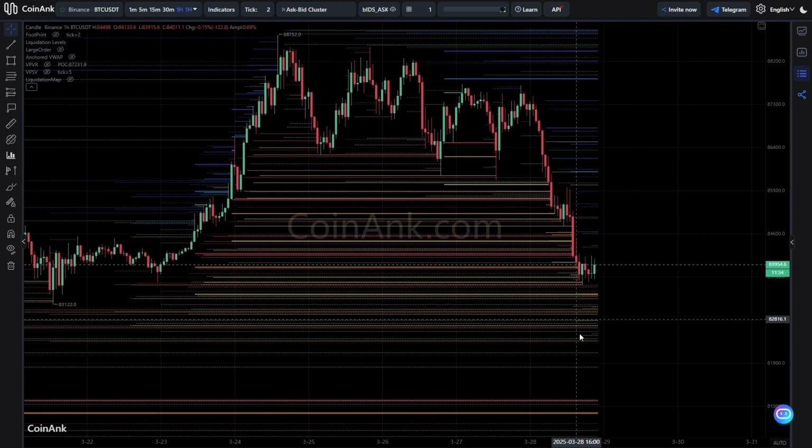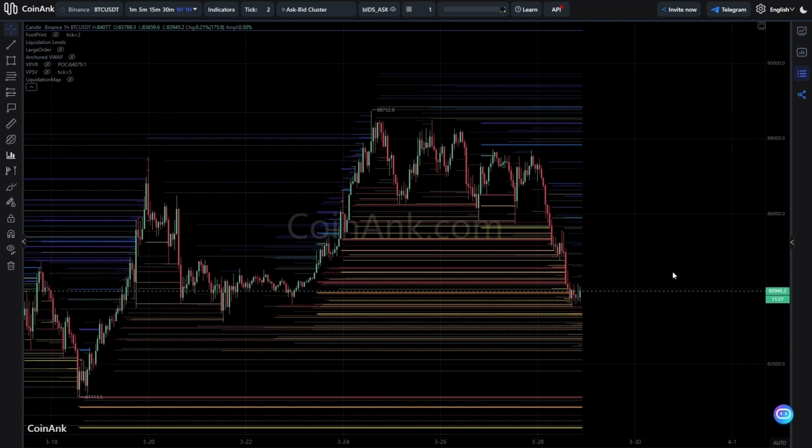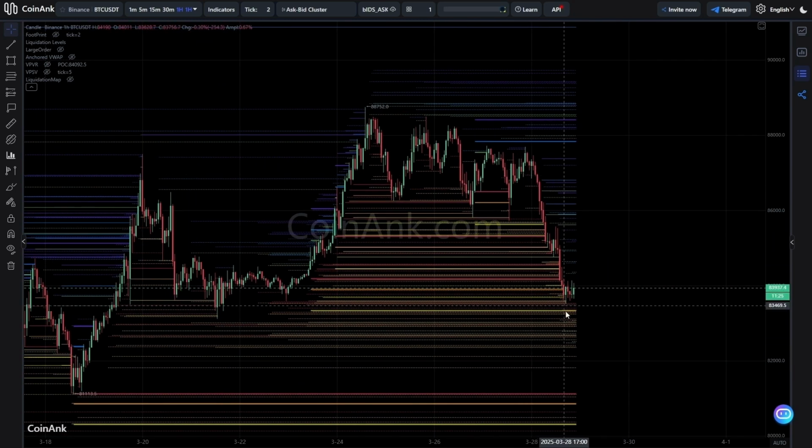Which is always interesting to see if price moves down in these levels, why it did so. Now we know these are the liquidations of low leverage long positions. We could see here already a lot of low leverage and middle leverage long positions have been liquidated in these moves down.